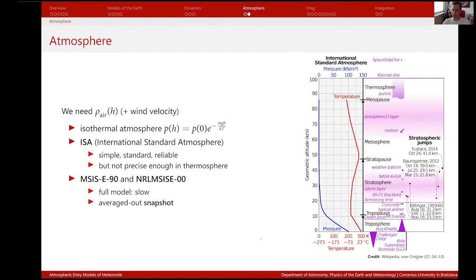The ISA is the international standard, really, so it's used throughout many fields, also in aviation or in rocket science. However, I found out that the model is not very precise up in the thermosphere, which are the altitudes which interest us the most. So we had to move to something even more complex, which is the incoherent scatter model, the MSIS models of 90 and 2000.